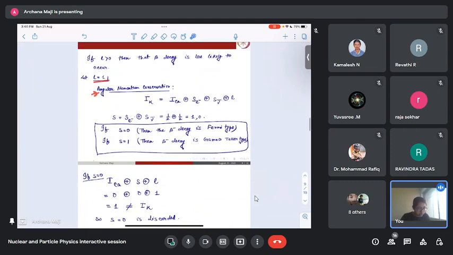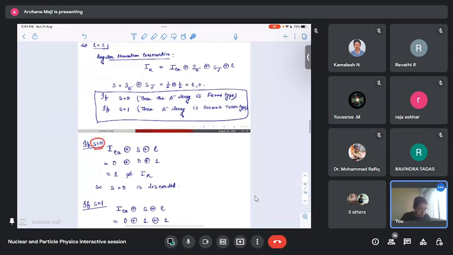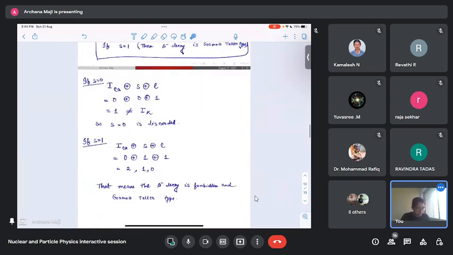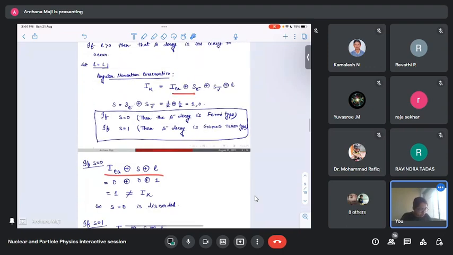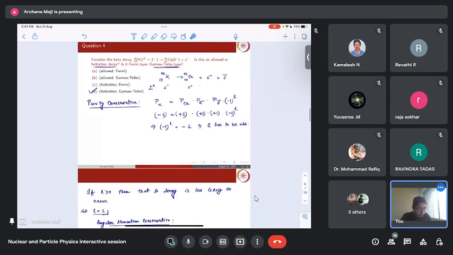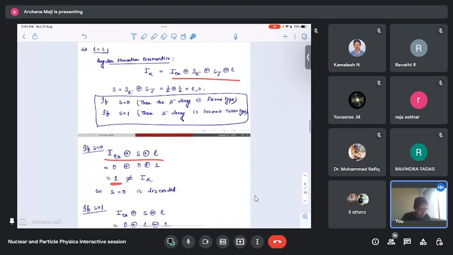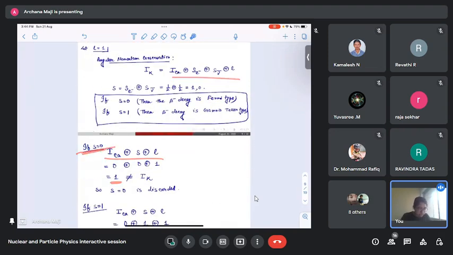And when you do angular momentum conservation, you have to see for which value of S this equation holds. Since here S equal to 0, if we consider, the right hand side comes out to be only 1, but the angular momentum of potassium is 2, so S equal to 0 has to be discarded.